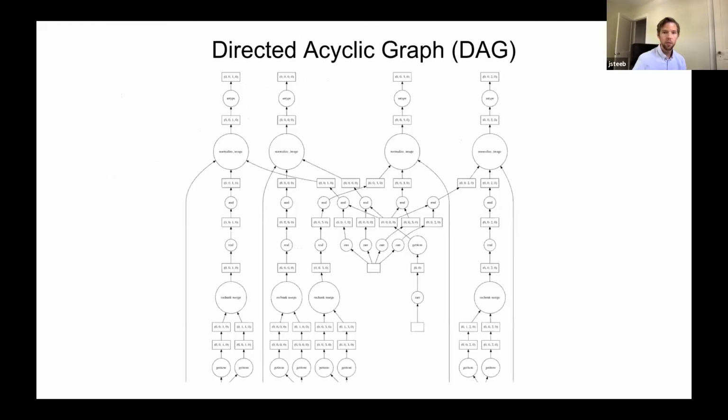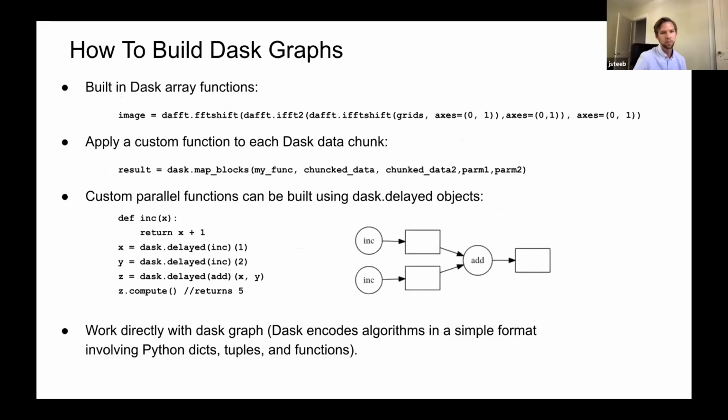Okay, so now we move on to Dask. I think a lot has been said about building graphs and things like that, but there are different ways to interact with Dask. We basically use the first three. Okay, so we use built-in Dask functions. For example, we use the Fourier transform functionality to transform gridded visibilities into dirty images.